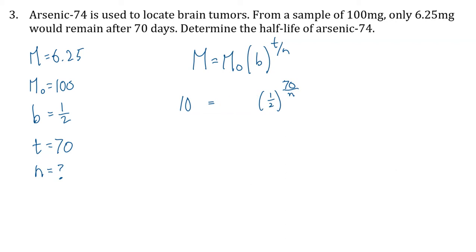Sorry, I was thinking about the end part. 6.25 equals 100, of course. As long as you recognize that, subbing in is easy. Solving isn't really harder. There's a little bit of a twist to it at the end, but it's not really harder or all that different, the rest of the steps from here. So you just got to recognize that this one's a little bit different from the ones that ask for T.